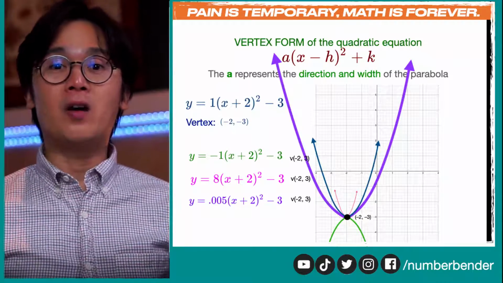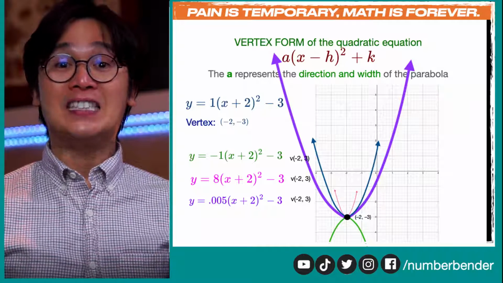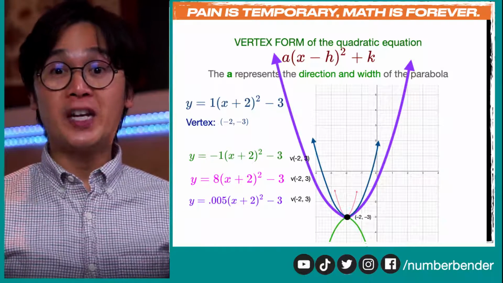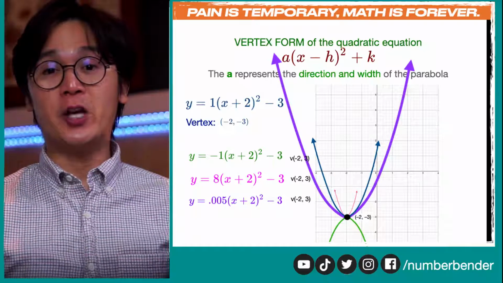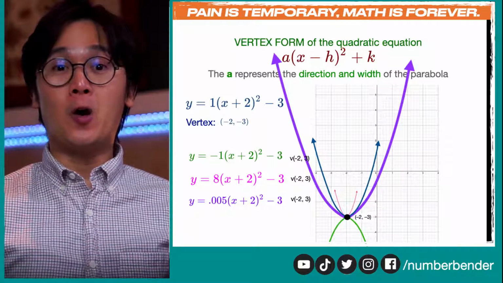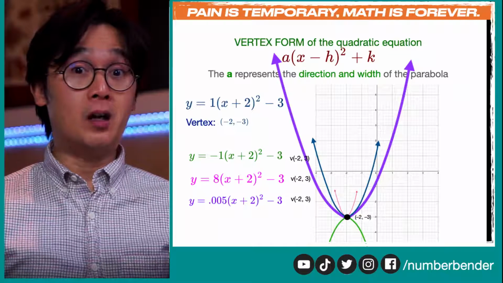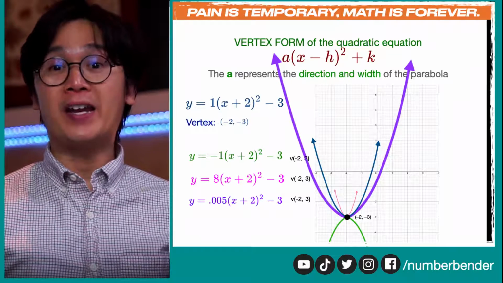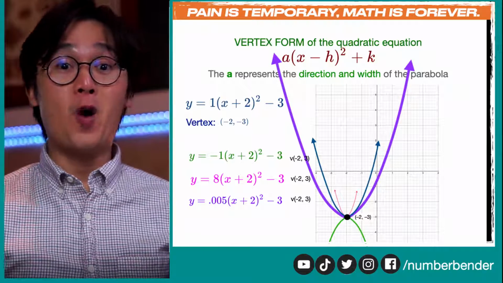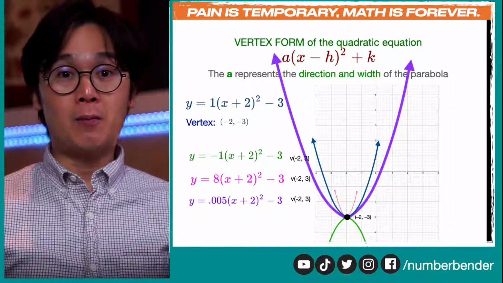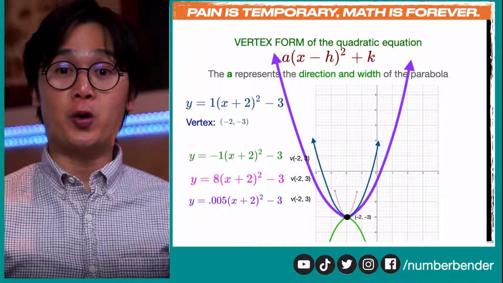So that's how the shape of our parabola is changing when a is transforming. As a goes bigger, the parabola goes slimmer, and when a becomes smaller, the parabola becomes wider. And the direction of your parabola is determined by the sign of your a.